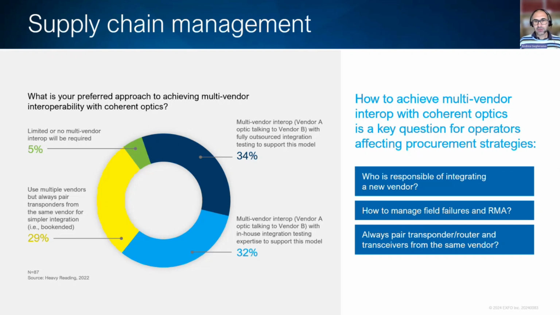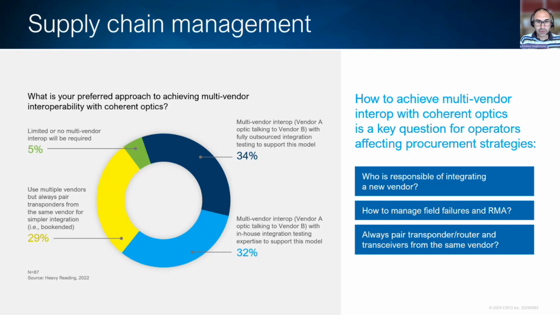And of course, this raises a few quick questions, like who is going to be responsible for integrating a new vendor, or making sure that the new vendor you qualify is interoperable with all the hosts and all the line systems that you are going to use in your network.